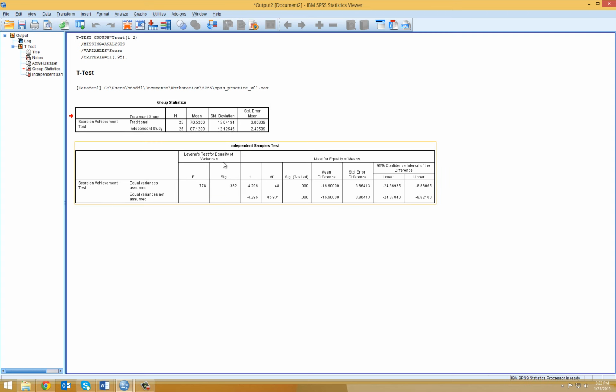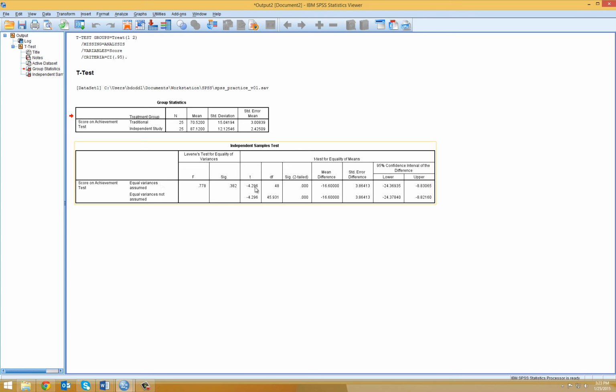Notice I have a test of equality of variances, which is presented about the data, how evenly distributed or how different the data is to itself. What I'm going to be looking at here is using equal variances assumed. So I'm assuming that there is no difference in variances across that.